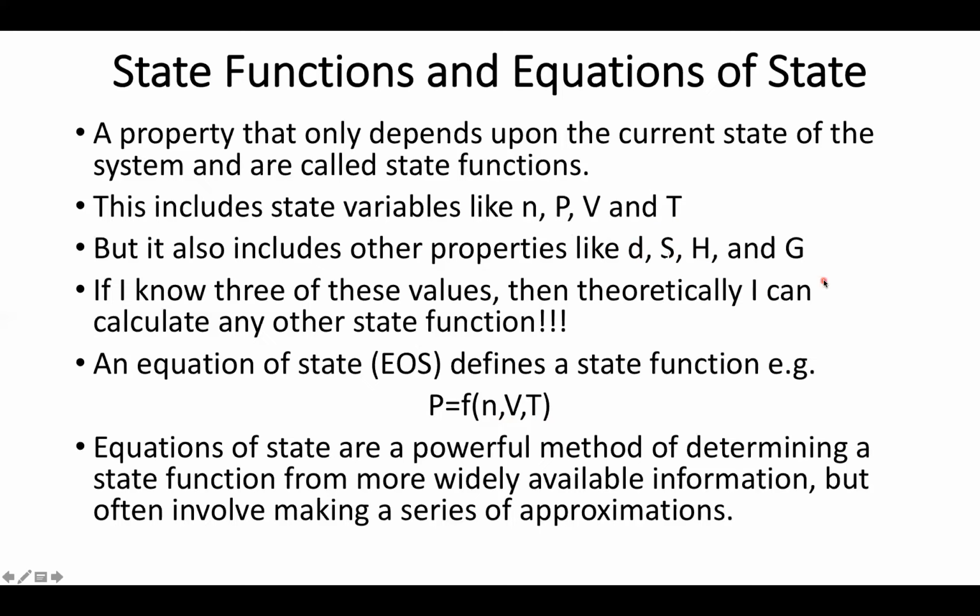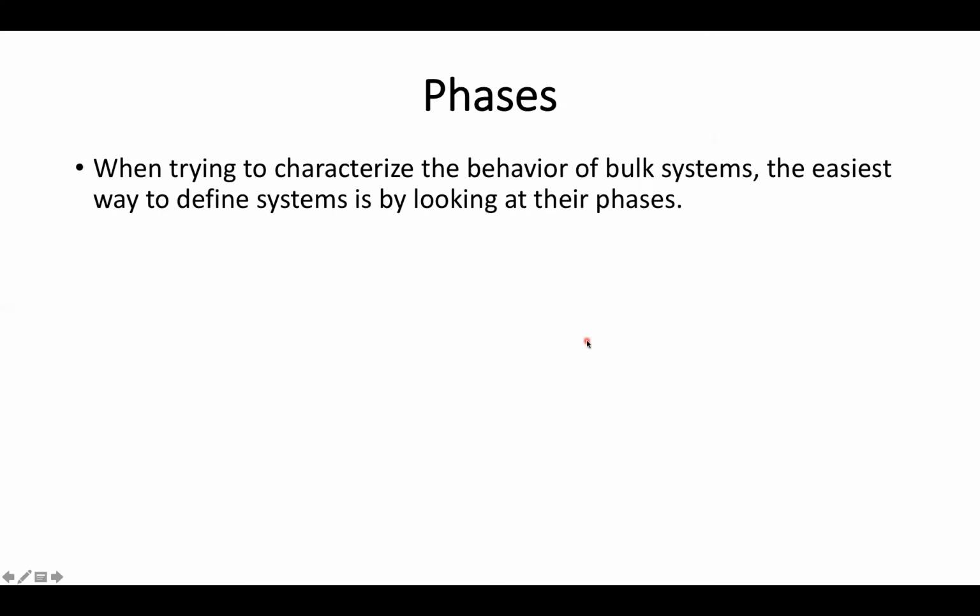But it's also worth noting that in order to get a very simple and useful equation of state, we often need to make a series of approximations, for example, like we did last time when building up the ideal gas law. But one of the other things we also need to make sure we define is a series of variables that don't quite lend themselves to a simple numerical description.